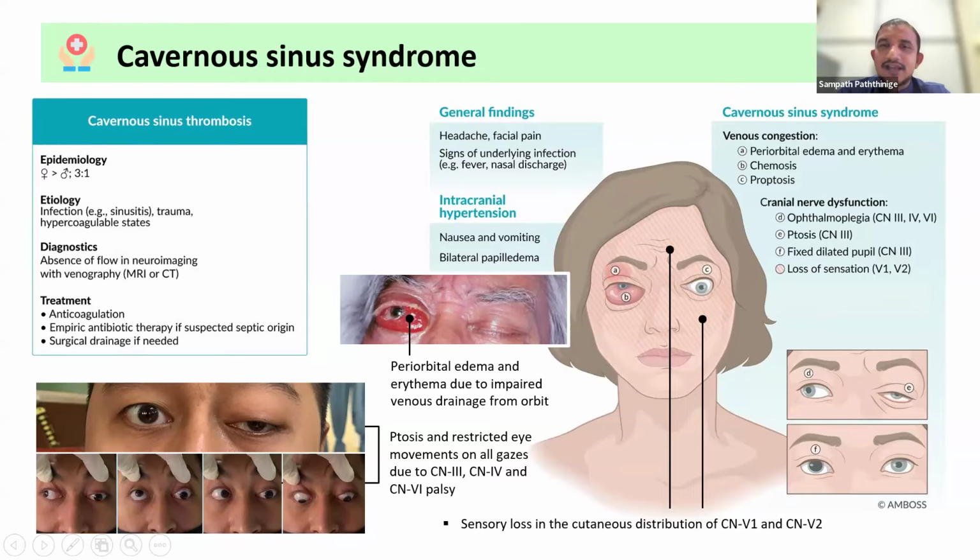Because the ophthalmic veins are draining into the cavernous sinus, those veins cannot drain the venous blood. So there is venous congestion within the eyes, right? They will have all these clinical features. If we see these together, that is the cavernous sinus syndrome, right?